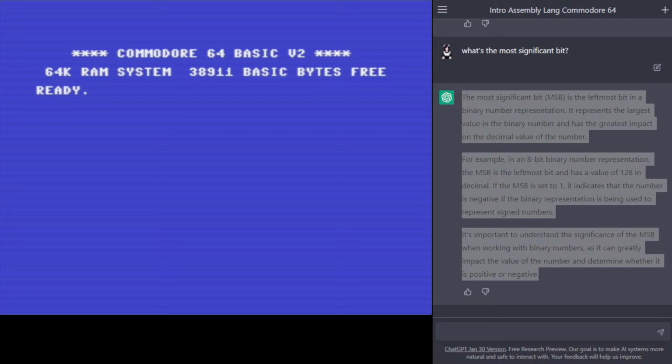If the MSB is set to 1, it indicates that the number is negative if the binary representation is being used to represent signed numbers. It's important to understand the significance of the MSB when working with binary numbers, as it can greatly impact the value of the number and determine whether it is positive or negative.